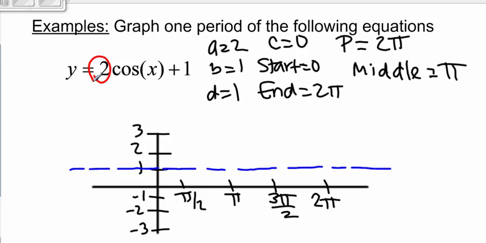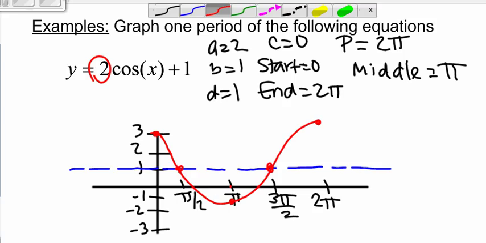So from my now 0 line, I'm going to go up 2, and there is my point. Okay. Then it goes down to 0, so now I'm back on my 0 line. And then it goes down 2, so 1, 2, back up to the 0, and back up to the top.